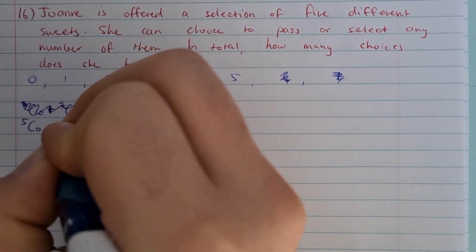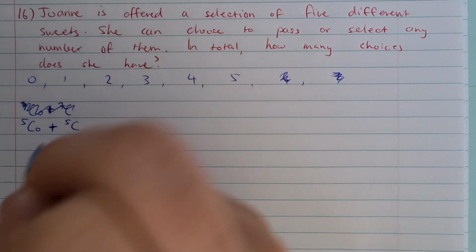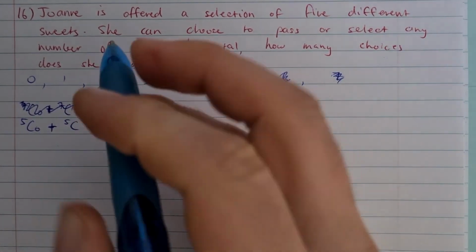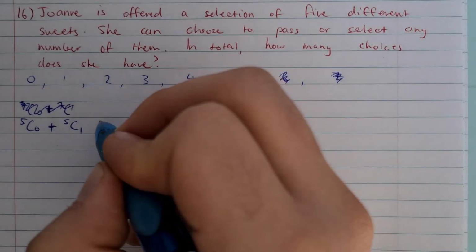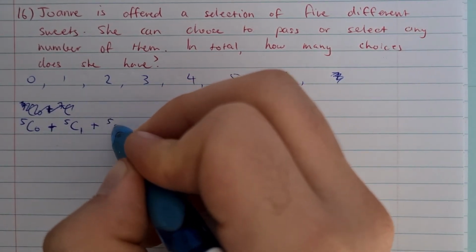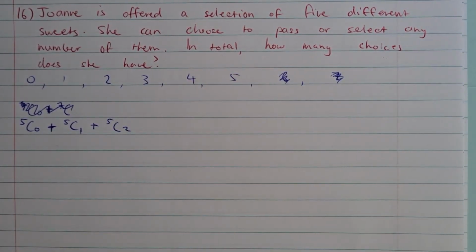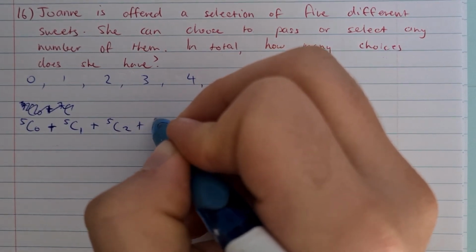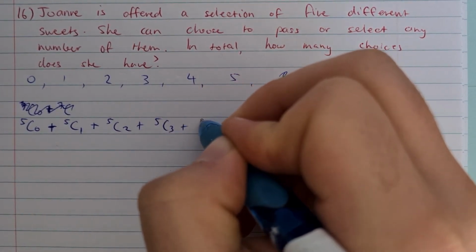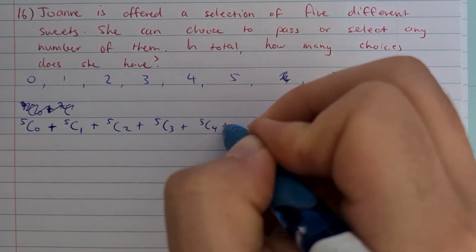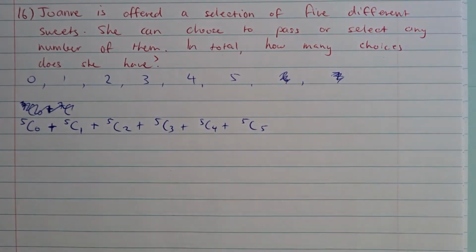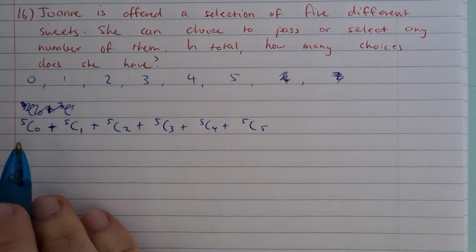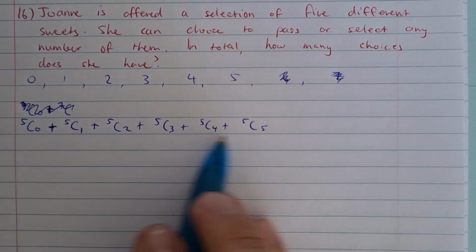Out of the 5 sweets, she could choose 1. Or she could choose 2 out of the 5 sweets. Or 3. Or 4. Or 5.